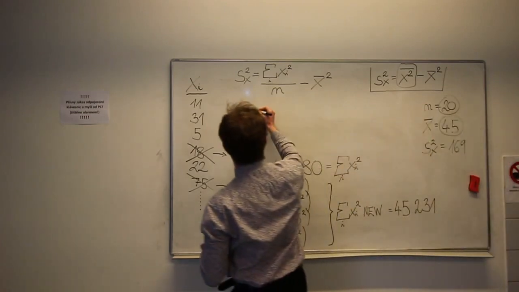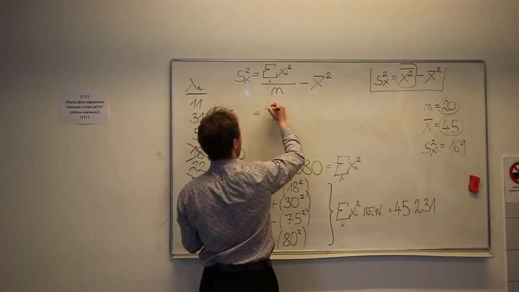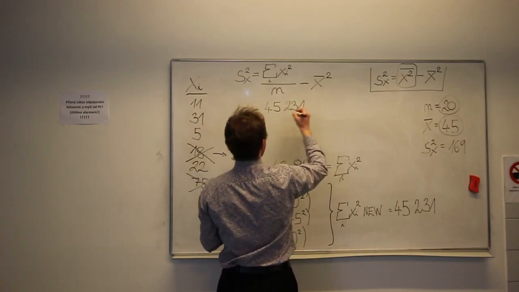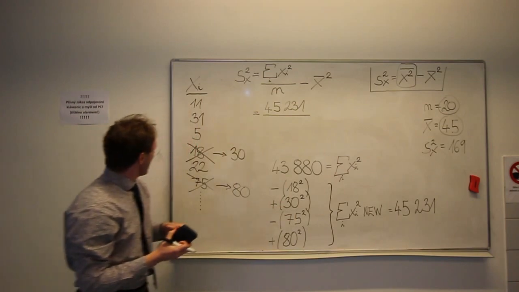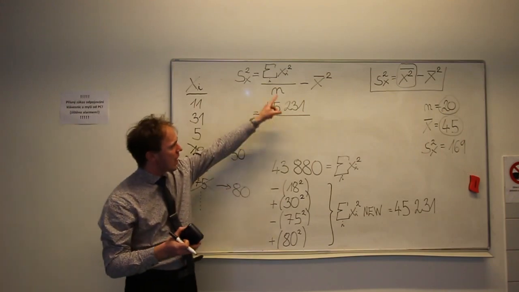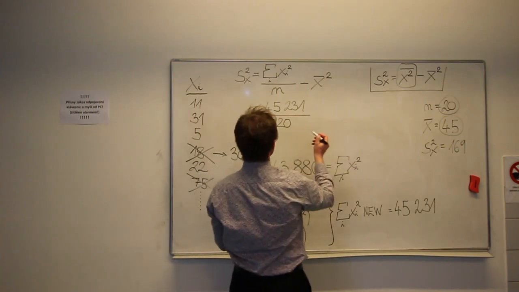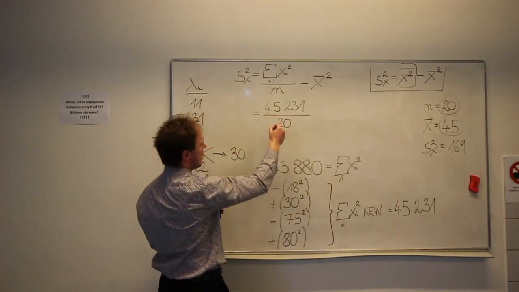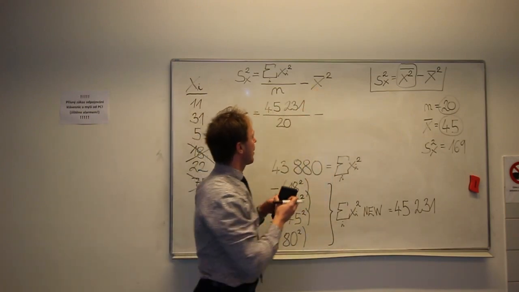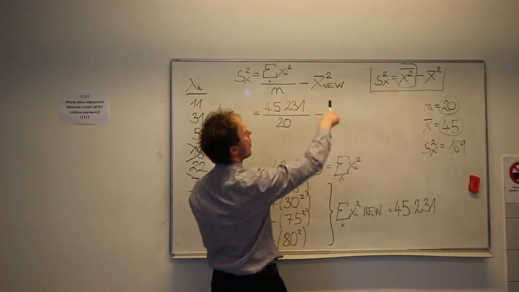Yes, so equal sign, my new summation of xi squared, 45,231 divided by, I changed the value by value, so the sample size is the same. So there we have still 20. So there is the new summation of xi squared divided by the sample size, minus the new value of the calculated arithmetical mean powered by 2.